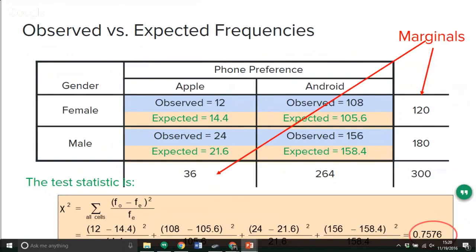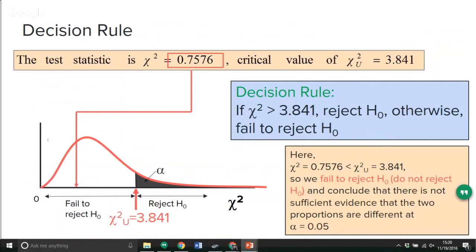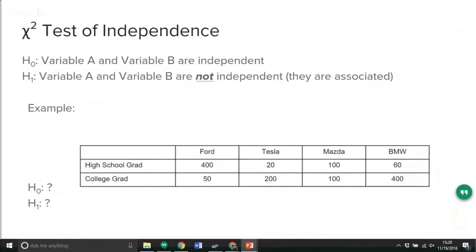Okay, so in this instance, if chi-square is non-significant, then what does that mean for our test of independence? If it is non-significant, then what we are saying is there is no significant dependency. They are not significantly dependent on each other.